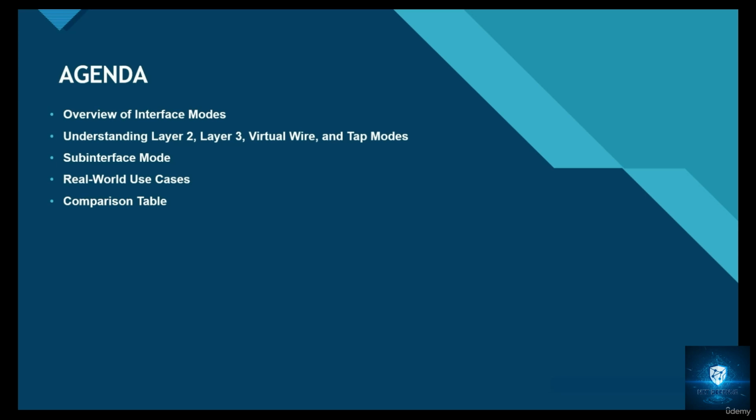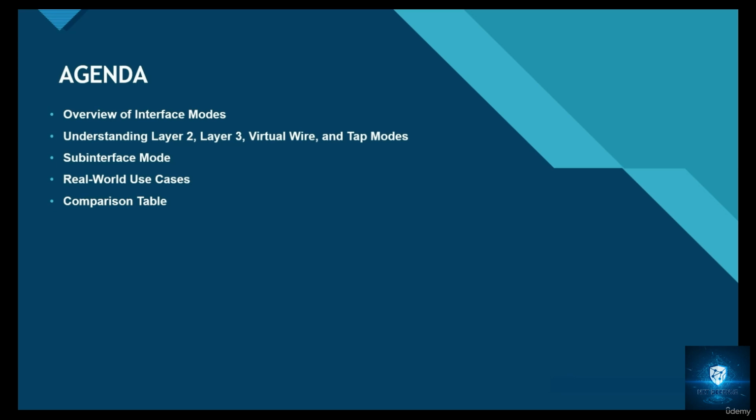You have a legacy firewall which you want to move to the next gen firewall, so you would just slide in this next gen firewall in tap mode, and then analyze the traffic, what kinds of applications are running inside your network, and what sort of rules you will have to create once you have the next gen firewall onboarded, or the migration done. So pre-migration, a POC can also be done with this tap interface mode.